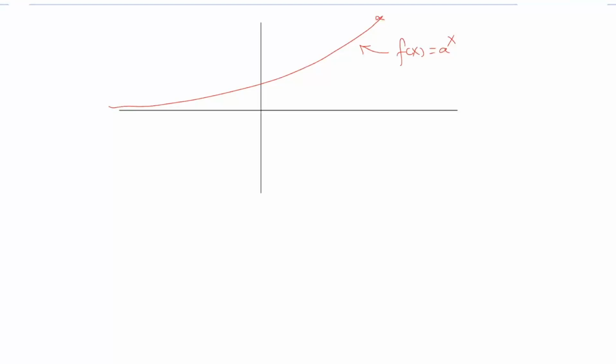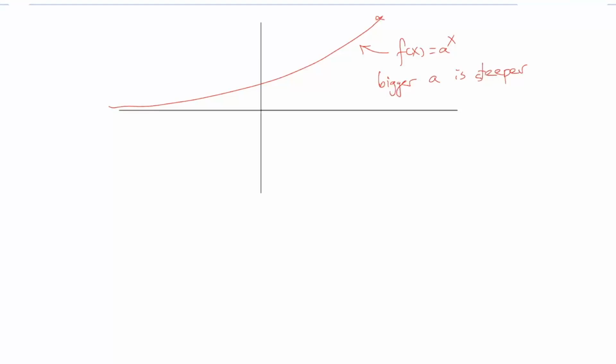And of course, the graph is slightly different for different values of a. If you change the a, bigger a is steeper. So 2 to the x might look like that, but 3 to the x would look like that, a little steeper. 4 to the x would be a little steeper again, and so on.